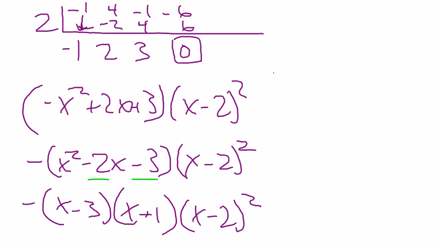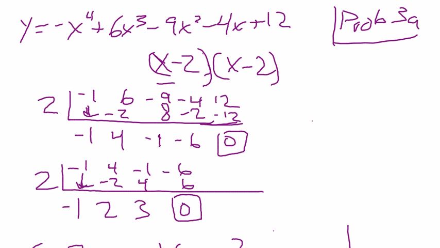Okay, to graph this, again, we want to start off by looking at end behavior. So to do that, we look at our x term with the highest degree, which in this case is written in descending order for us, so we're happy. X to the fourth, so it's an even degree, and it's a negative coefficient.